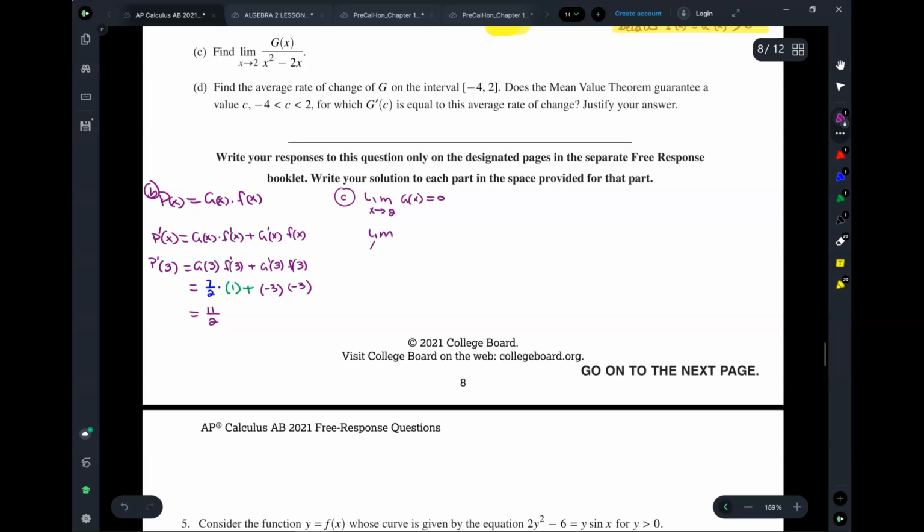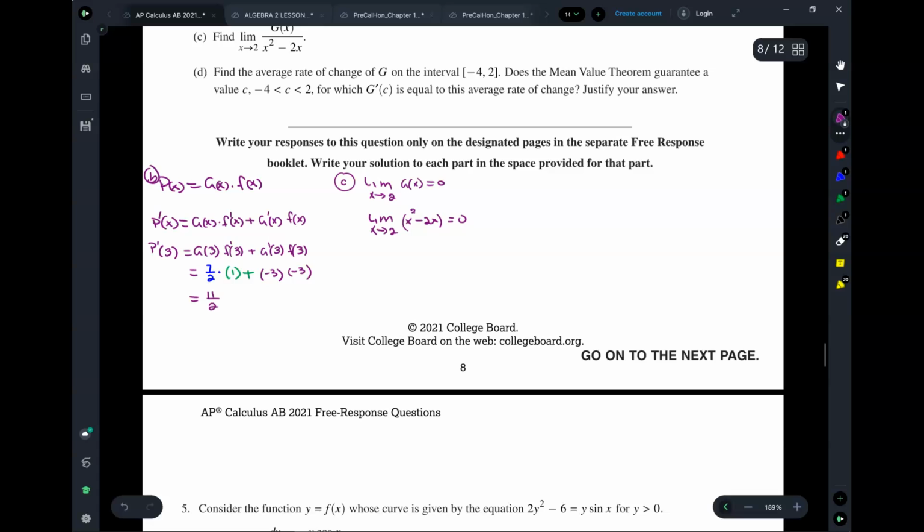The limit as x approaches 2 of x squared minus 2x is 0. And now that's enough for you to have the right to use L'Hopital's rule.